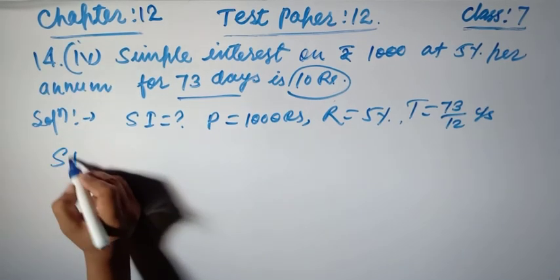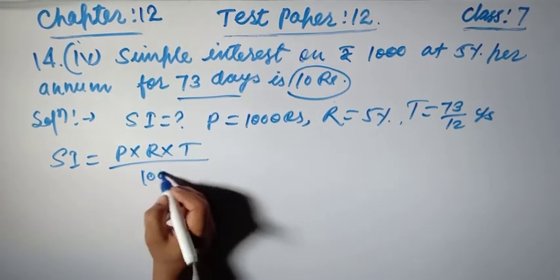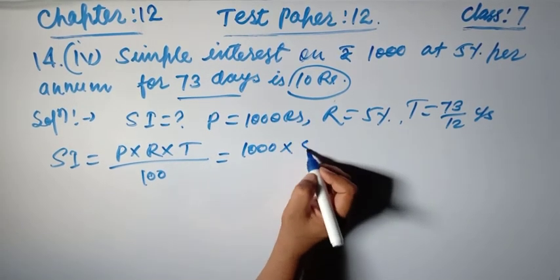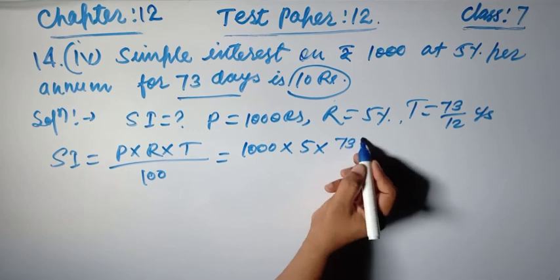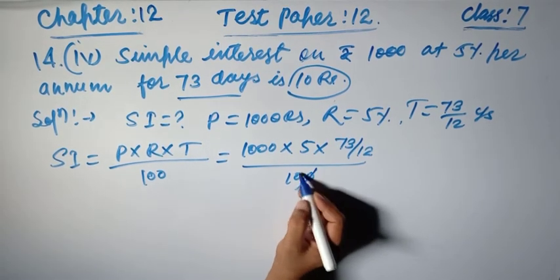Now from the formula SI is equal to P into R into T divided by 100. P is 1000, multiplied by R 5 and 73 by 12 is the time, and now 100, friends. 20 will get cancelled.